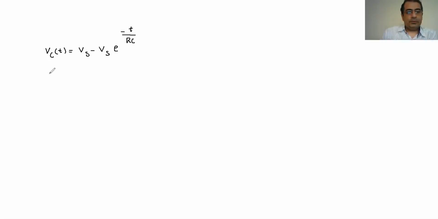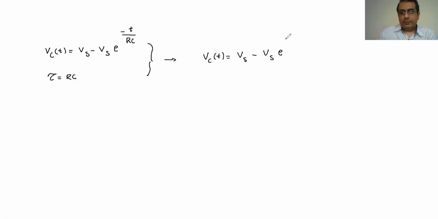And again, if we consider that tau is equal to RC, what we are going to get is that the VC over time is Vs minus Vs e to the power of negative T divided by tau.